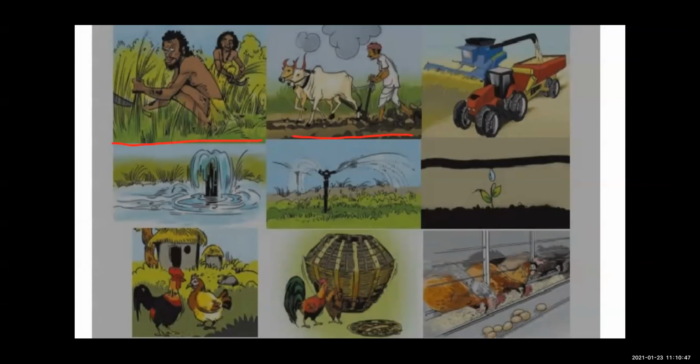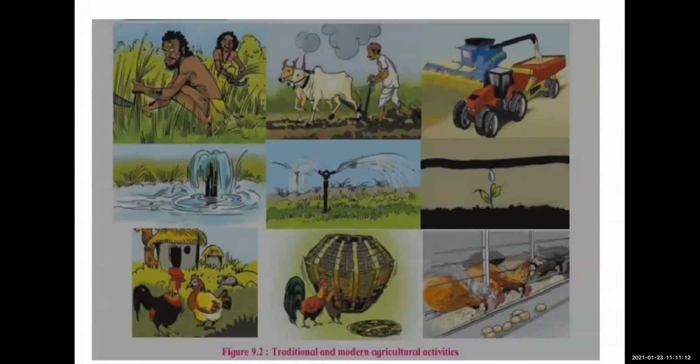Then you can see tractors were there. Various drip irrigation and sprinkler irrigation methods were adopted. Then we can see poultry farming and all that. So see, children, from this we see that various changes have come about in agricultural practices, right?